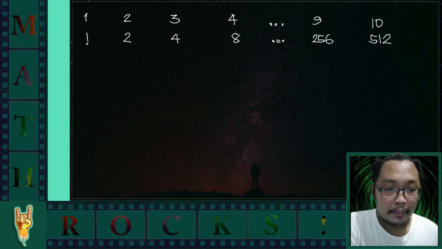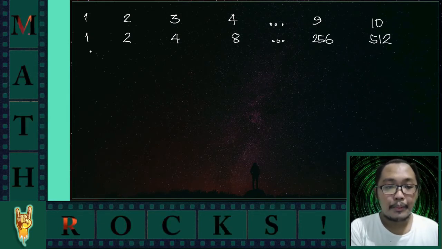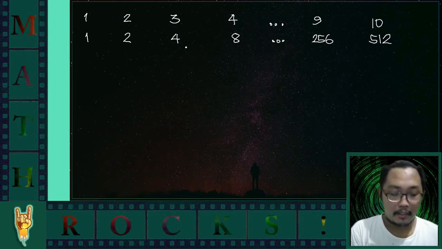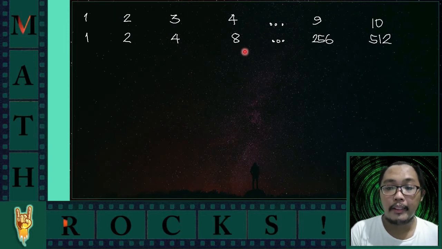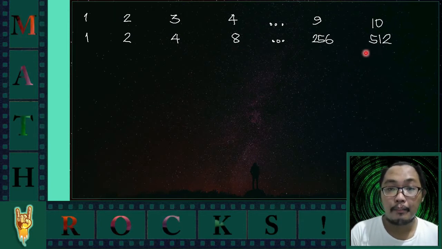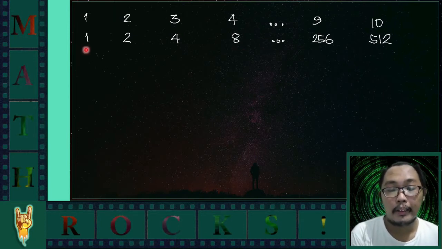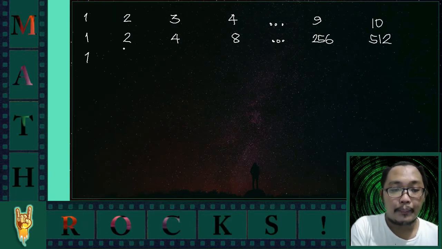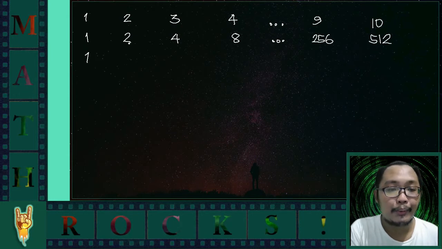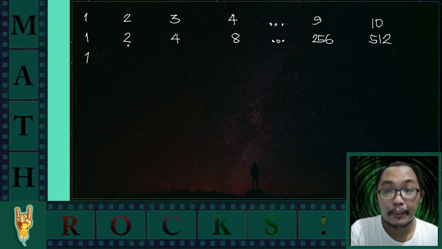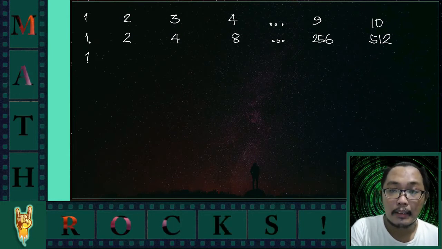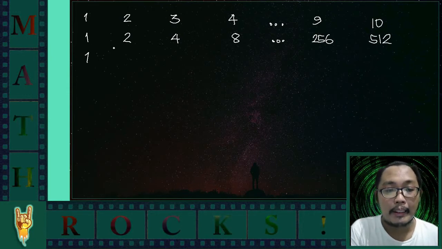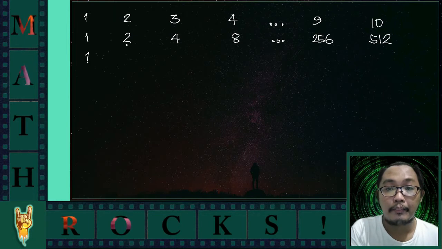Now, normally, we would like to have each term in the sequence expressed in terms of the first term, 1. So how will we do that? Let us have an expression for the second term that uses this number 1 and gives us the same value as 2.